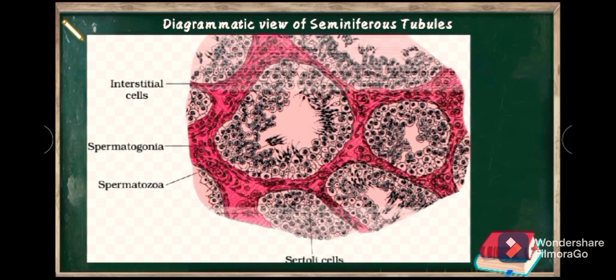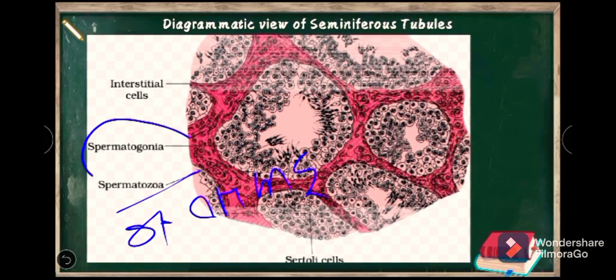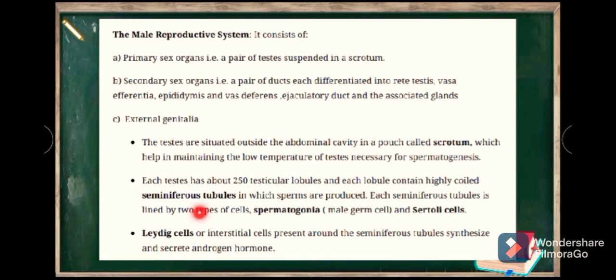Spermatozoa means sperms. So each seminiferous tubule is lined by two types of cells, spermatogonia and Sertoli cells. Spermatogonia is also called the male germ cell, and it is going to produce sperms later on.